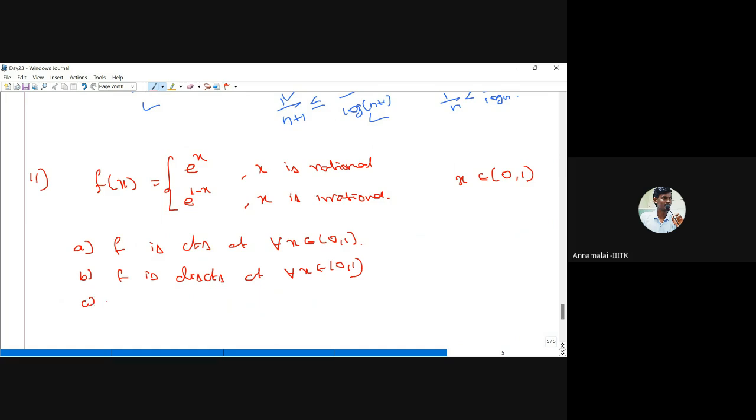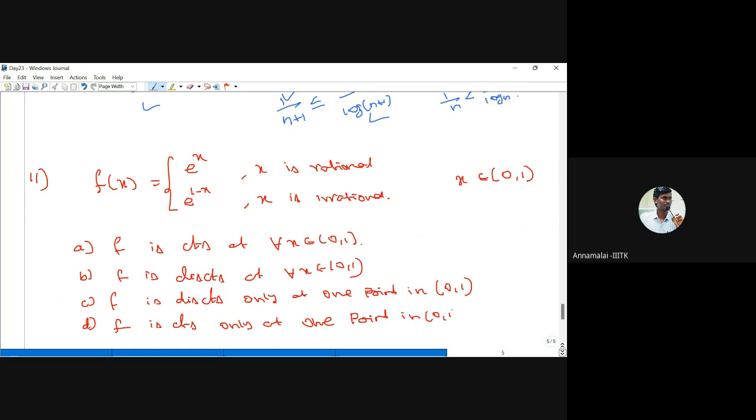And third, f is discontinuous only at one point in the open interval (0, 1). And the last option is f is continuous only at one point in (0, 1). So which one is correct?